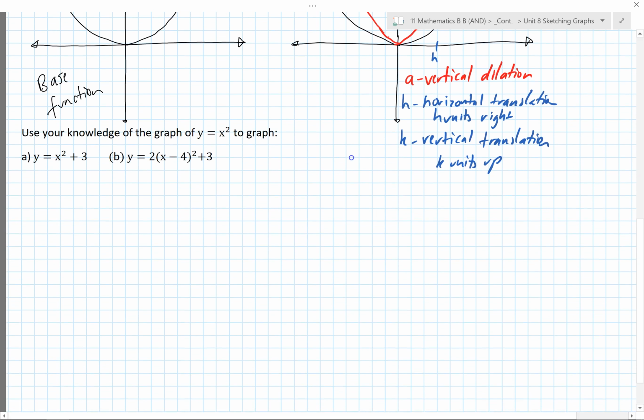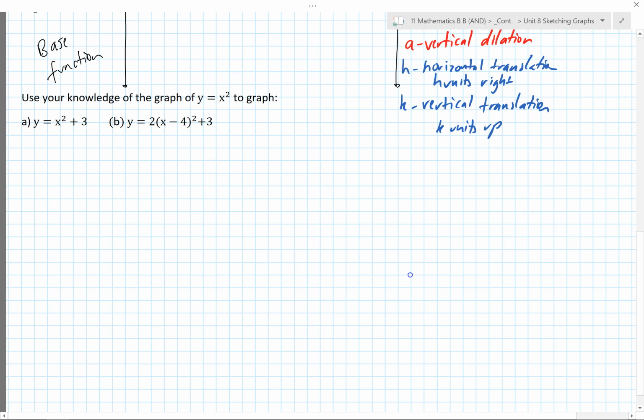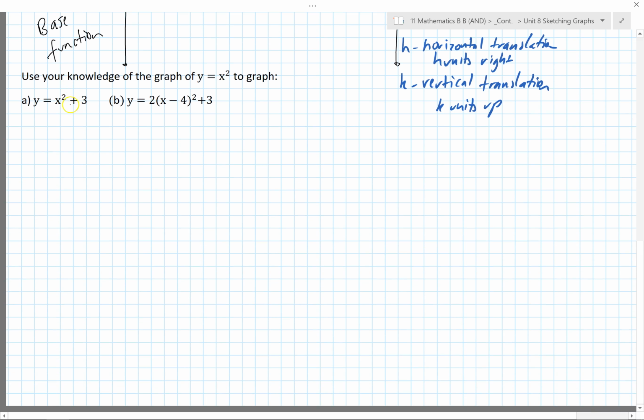So let's actually sketch some graphs. This first one, I've got y = x squared + 3. This looks to me to be a k = 3 value, which indicates to me a vertical translation. Okay, in this case, up 3 units.